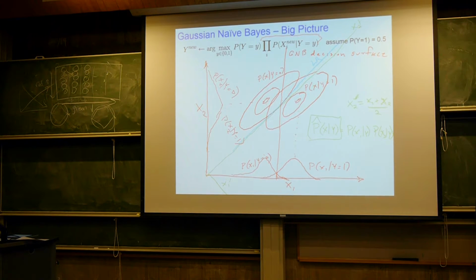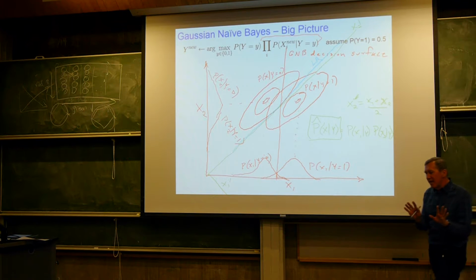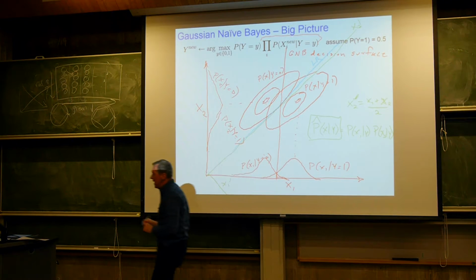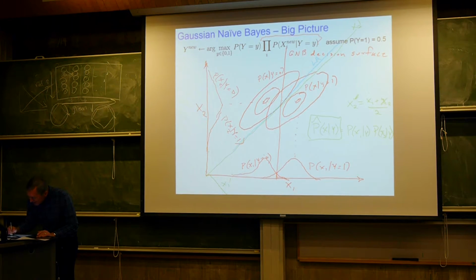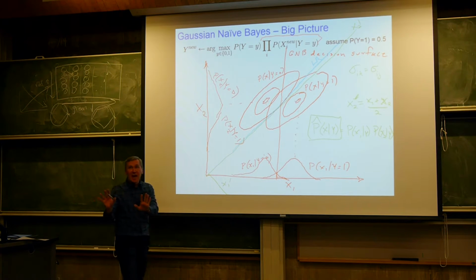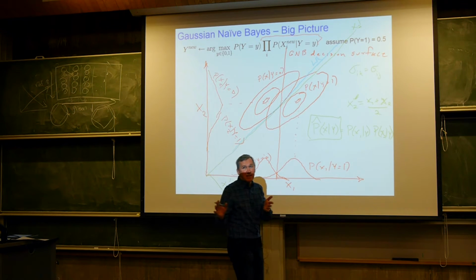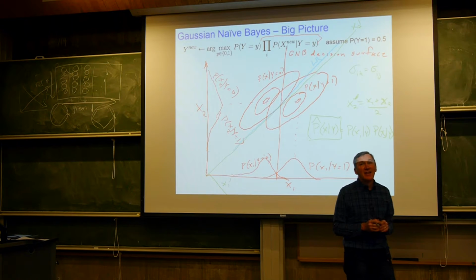Yeah, we can say that if we're making that assumption that sigma for x sub i and y sub k equals sigma for x sub i and y sub j, then Gaussian naive Bayes will always be a line.